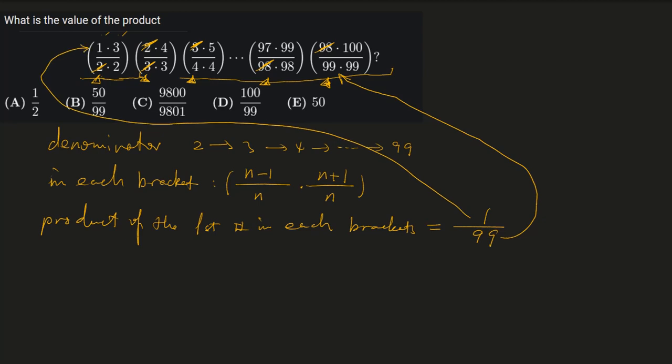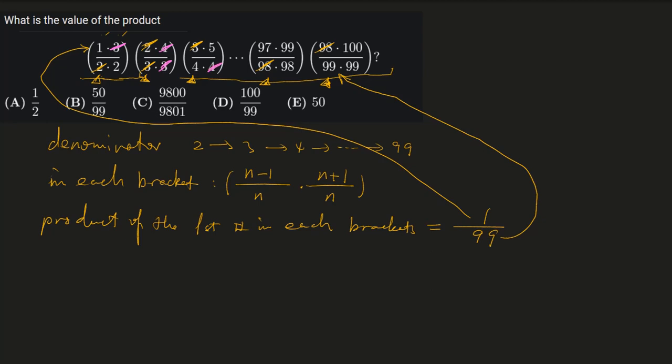Okay, now let's look at the second fraction within each parenthesis. So I'll change the color. So if we look at this, let's look at it carefully, right? We notice that this numerator can cancel this denominator. And then this numerator cancels the denominator in the second pair of parentheses, right?